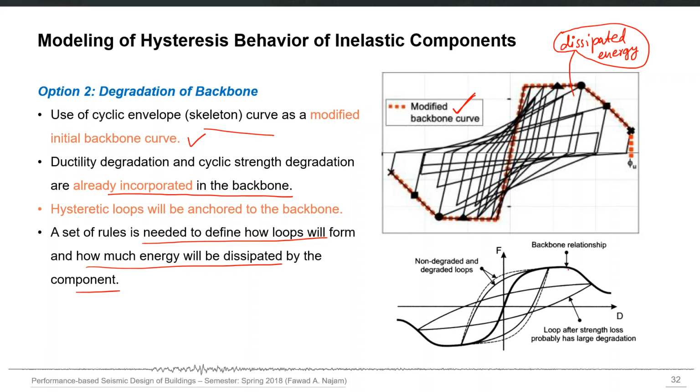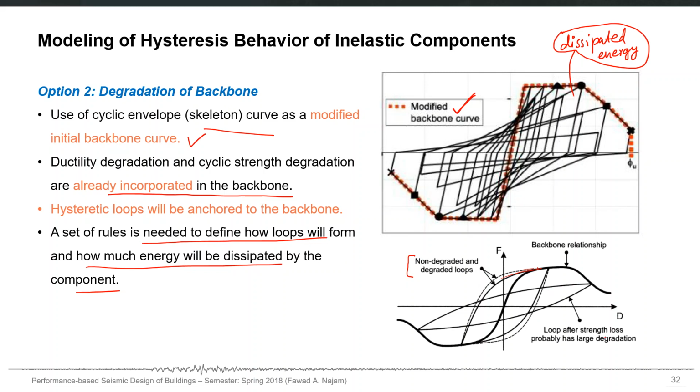They will just join that solid black line, and you have non-degraded and degraded loops. Both will actually go to the same backbone. So you are not actually modifying your stress strain curve cycle by cycle. Your basic backbone remains the same because it has already incorporated the effect implicitly, the effect of cyclic degradation and ductility degradation.